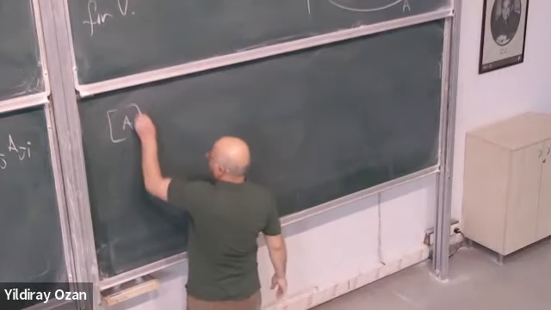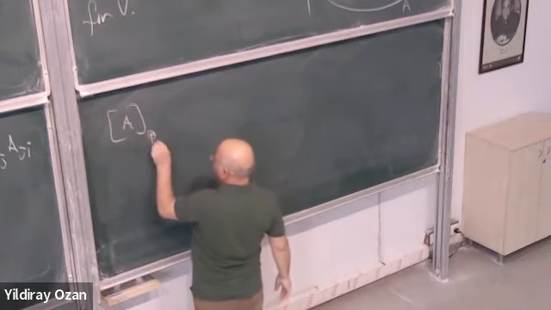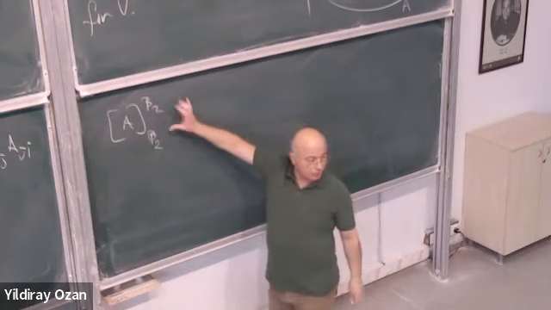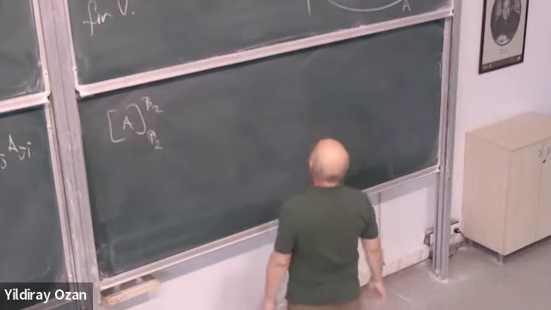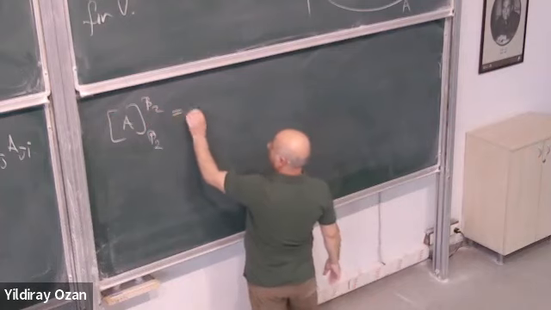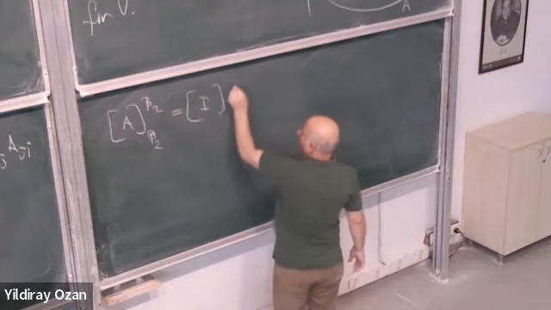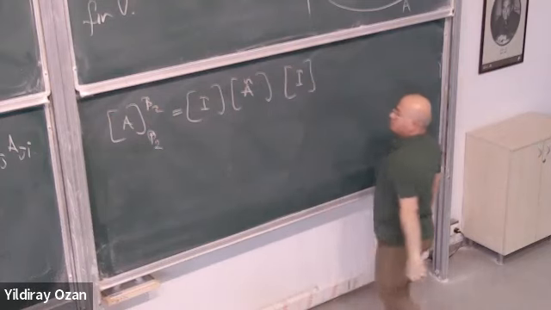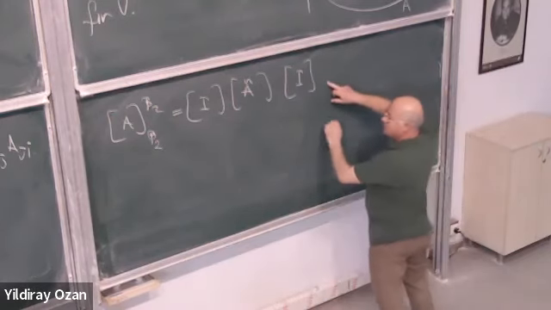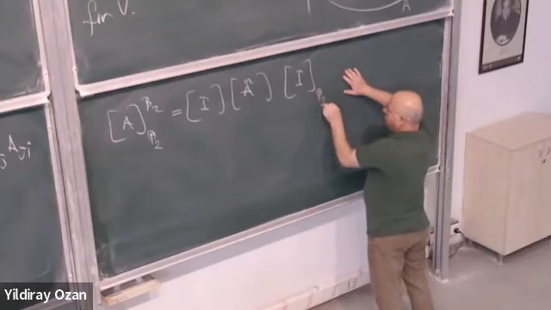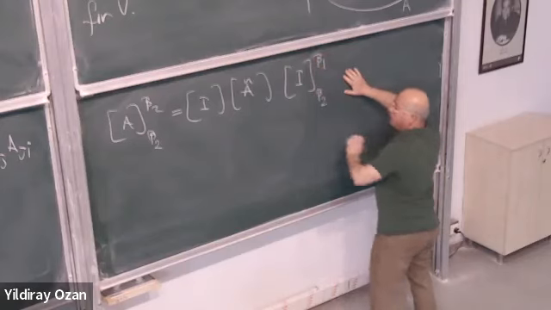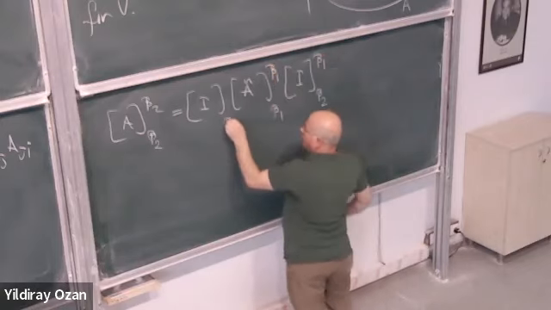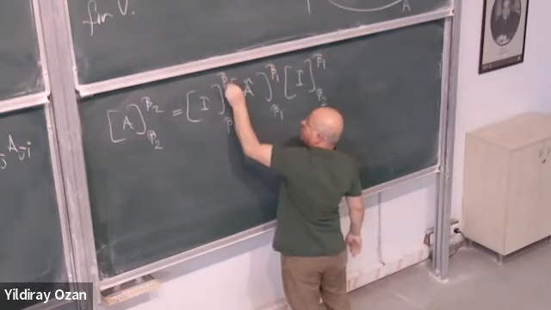The matrix representation of A from beta 2 to beta 2, from the second basis to the second basis, can be written like this. I will start from beta 2 to beta 1, beta 1 to beta 1, beta 1 to beta 2.